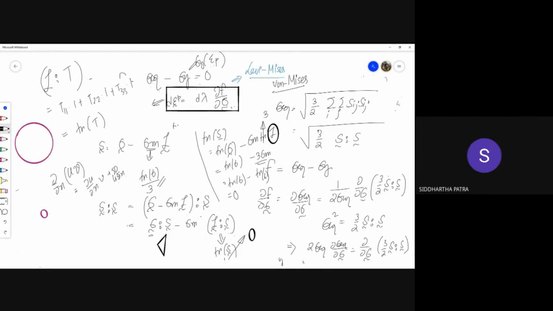Okay, u times del v del x and v times del u del x, right? So an inner product S not only can it be written as sigma inner product S, it can also be written as S inner product sigma.